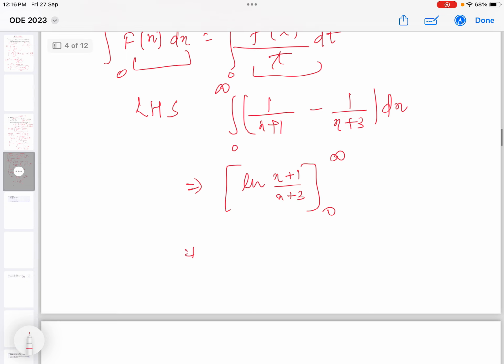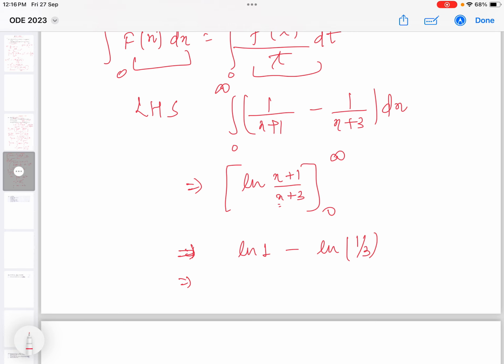Taking the limits, at infinity the numerator tends to infinity and the denominator also tends to infinity, so the ratio becomes 1, minus at 0 it becomes 1 by 3.